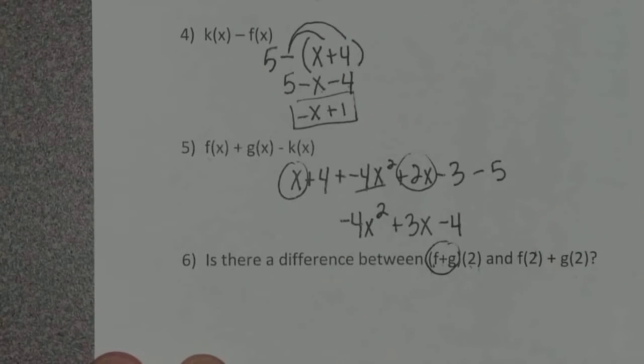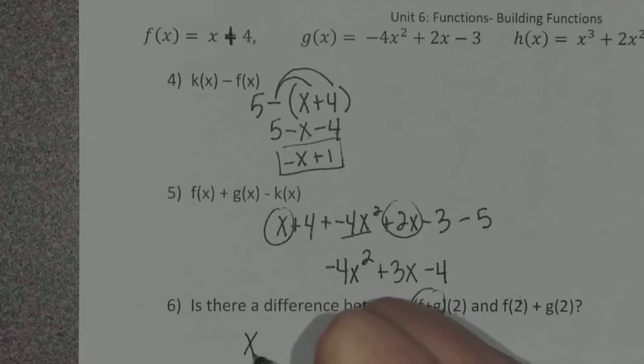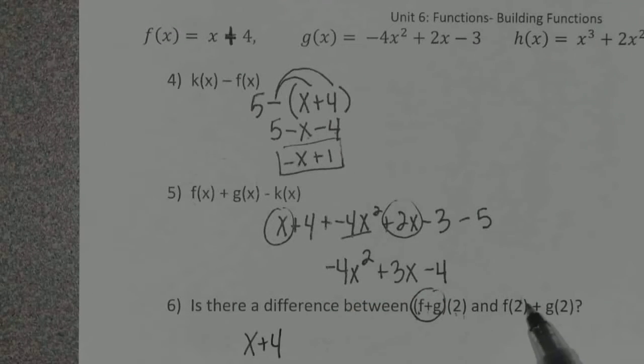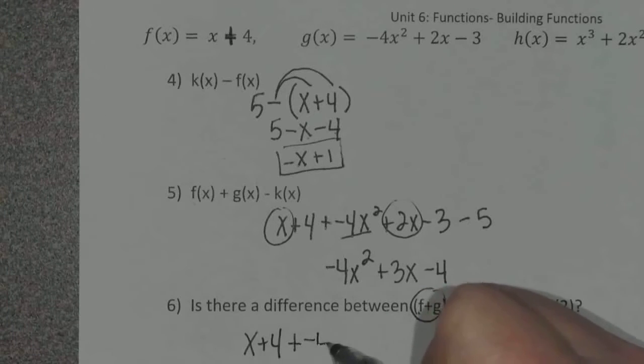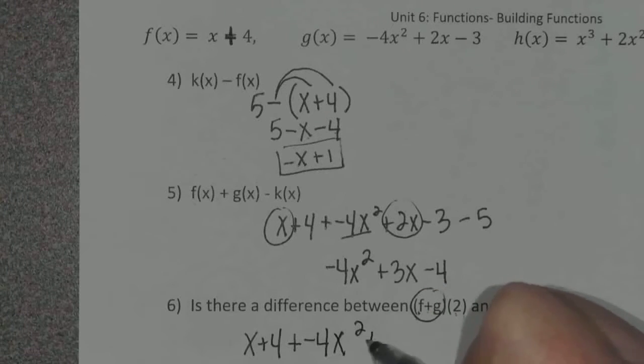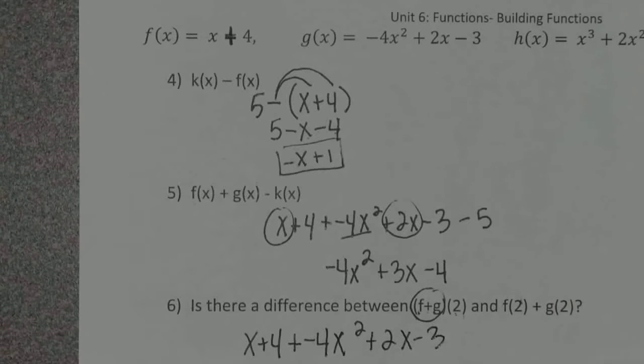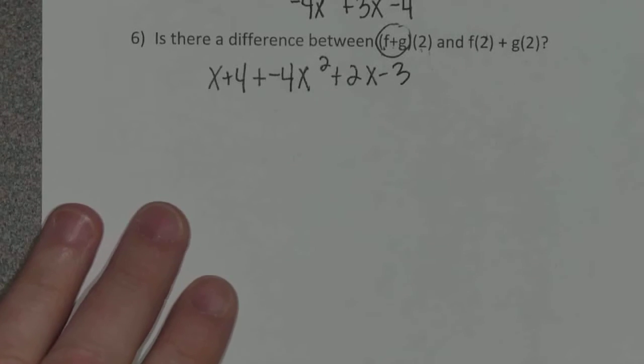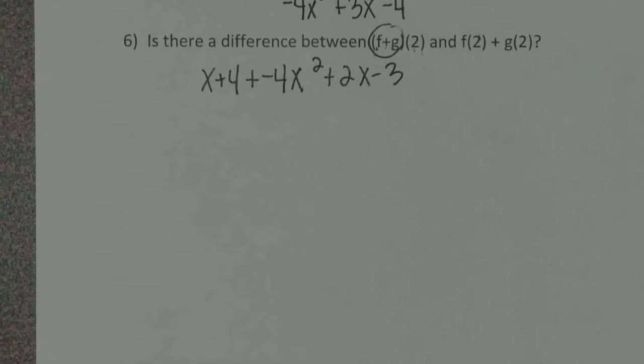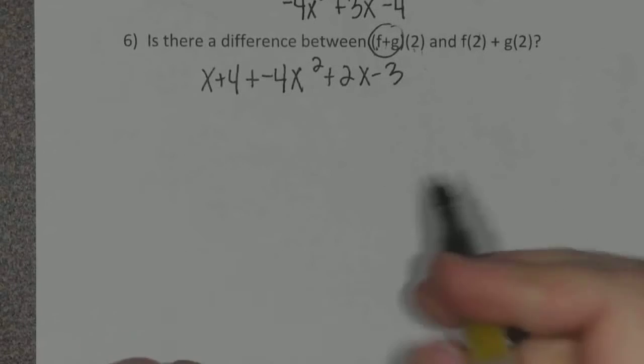So we're going to go up and we're going to grab our f of x up here, which is x plus 4, and grab our g of x, which is the negative 4x squared plus 2x minus 3. And we're going to add them together first. So I just went up and I grabbed my functions, and I'm going to combine like terms here.